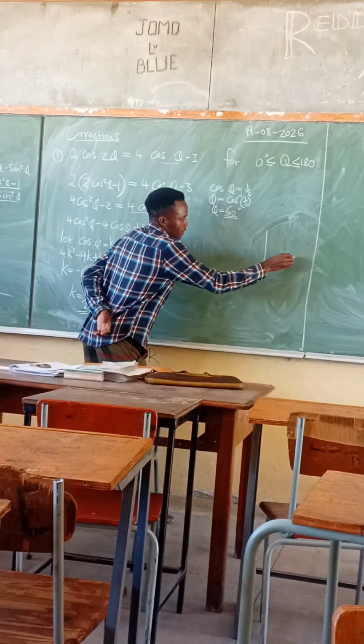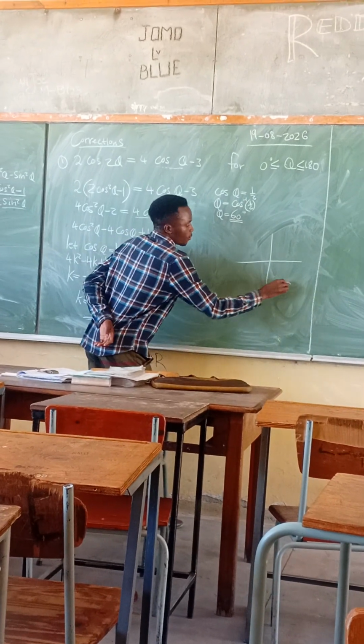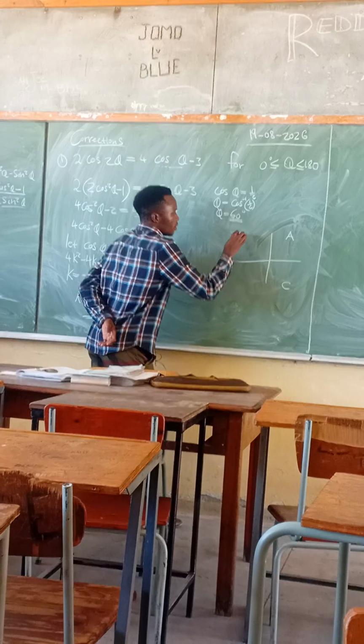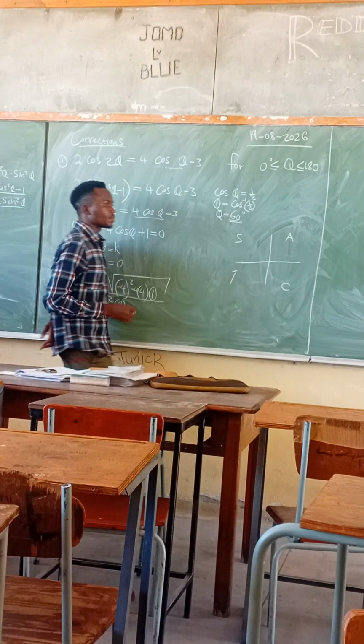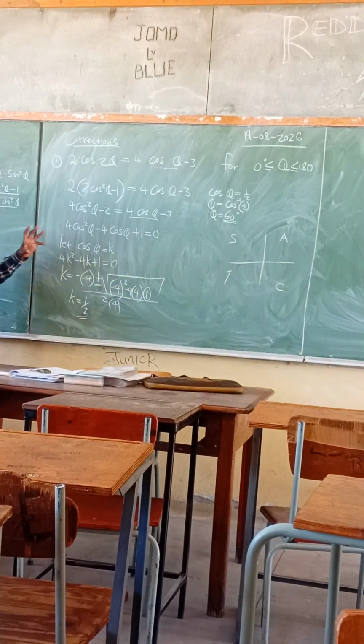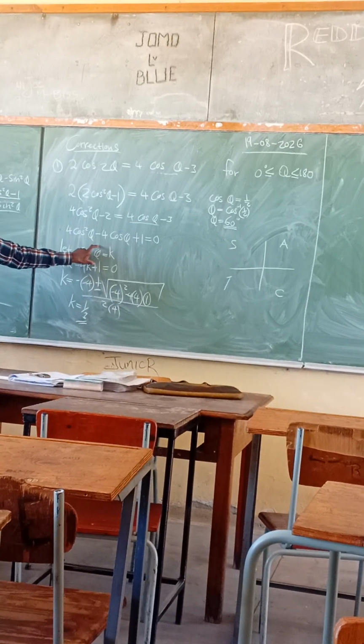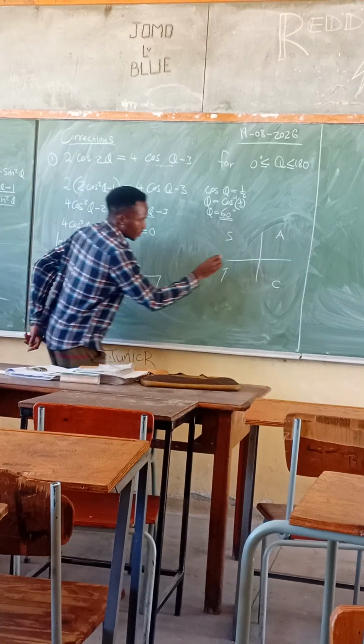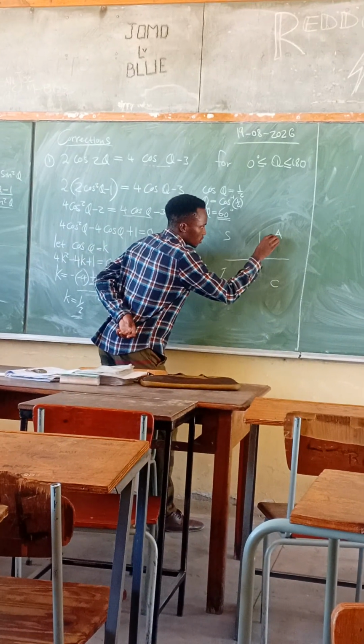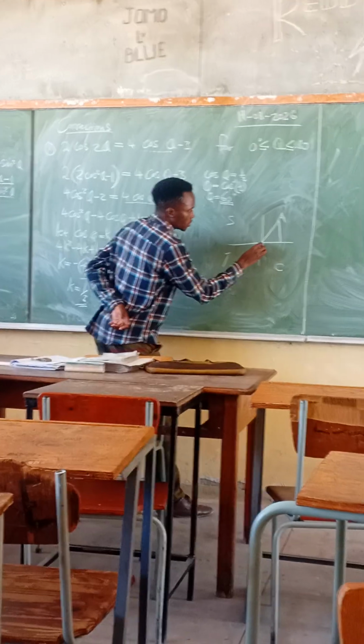So you need the sketch. That is our C-A-S-T, CAST. This sketch is telling us that cos is positive in the first quadrant and the fourth.